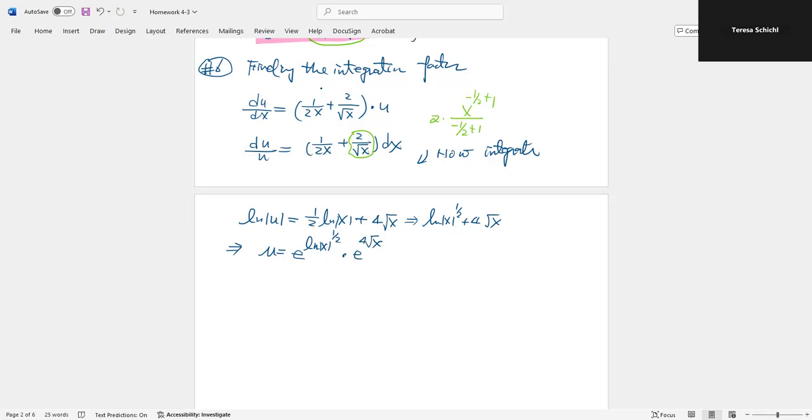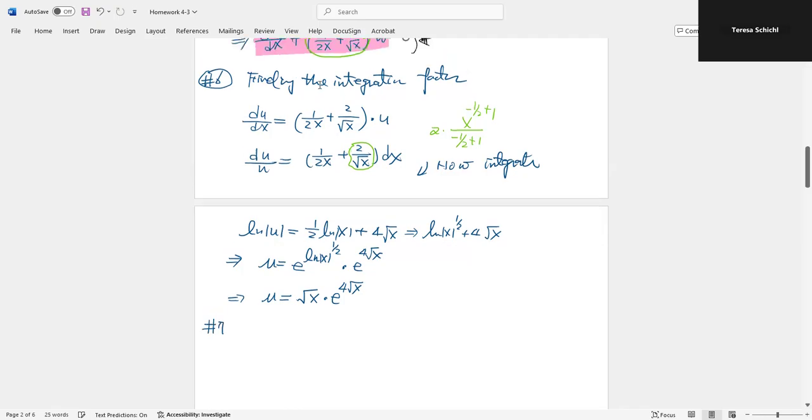The natural log cancels. So u is equal to square root of x times e to the 4 square roots of x. Okay, so this integration factor is not too bad. Now process number 7.